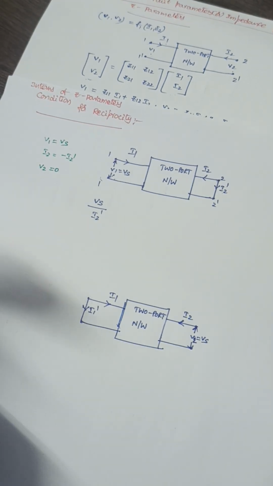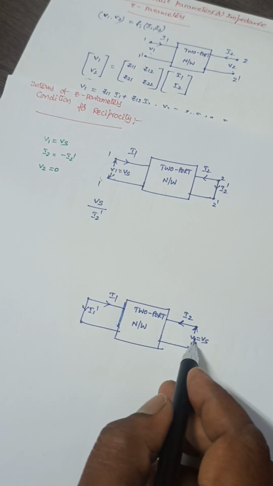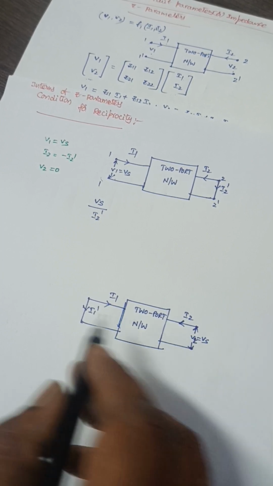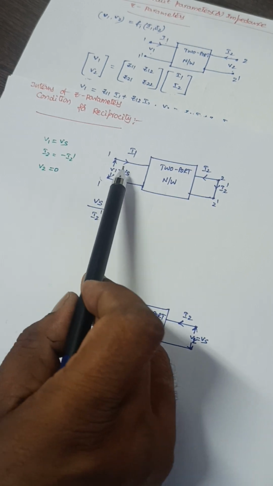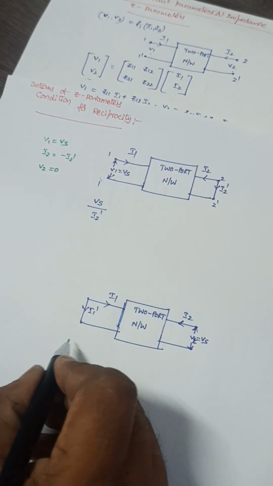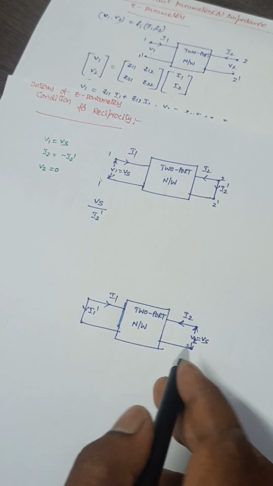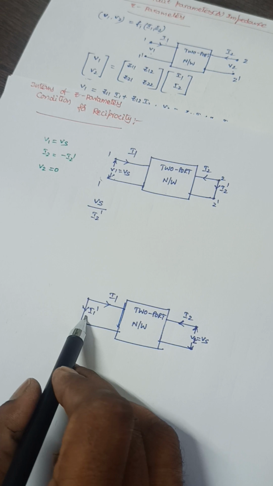So here the ratio of excitation to the response: this Vs is the excitation after interchanging the excitation and response. Now V2 is equal to Vs is the excitation, and the response here is I1 dash.